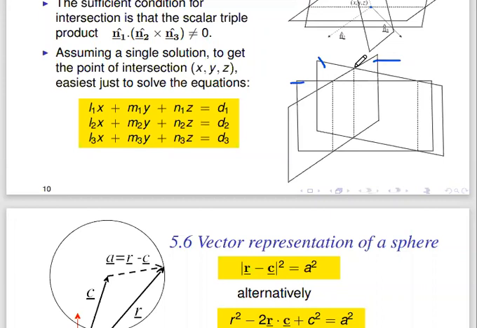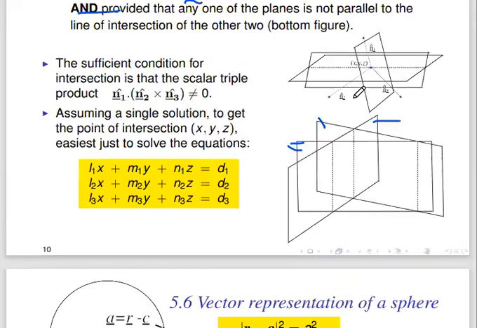So when you take the dot product of this vector with the normal vector of this third one, you get 0, right? You get 0 in this case. You remember this is called the scalar triple product.